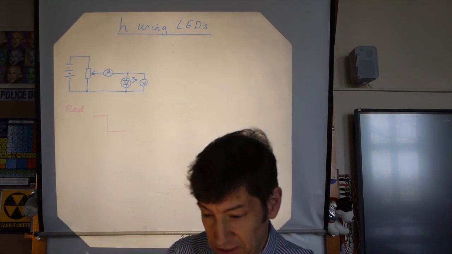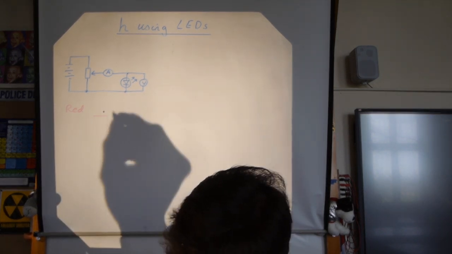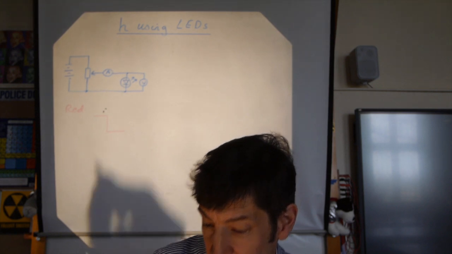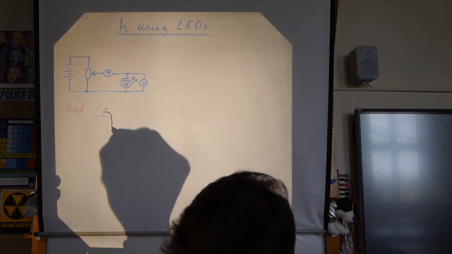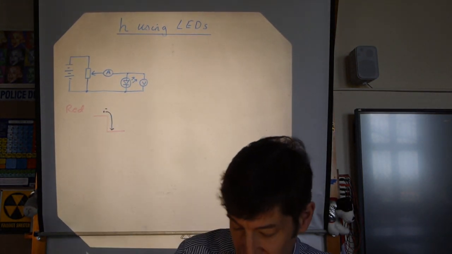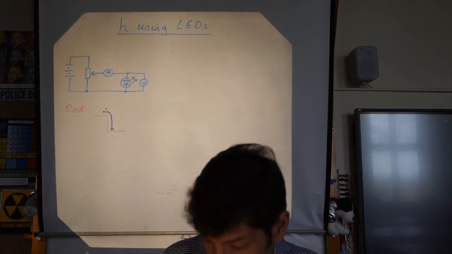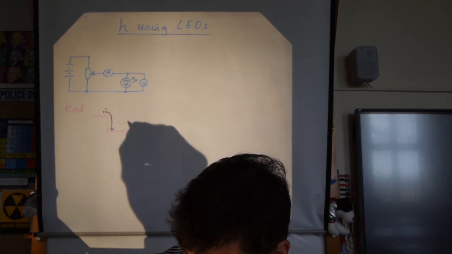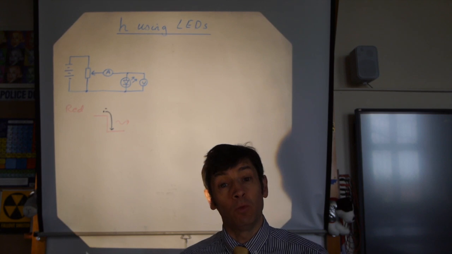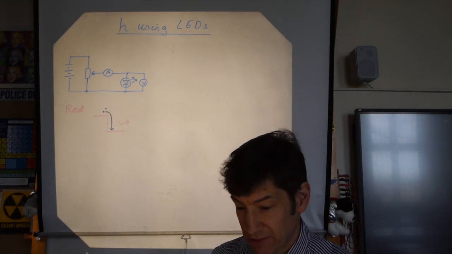And the crucial thing is, it's one electron, put it as a little minus there, falling down and giving off one photon of light. So it's a quantum process, it's a one-to-one process.